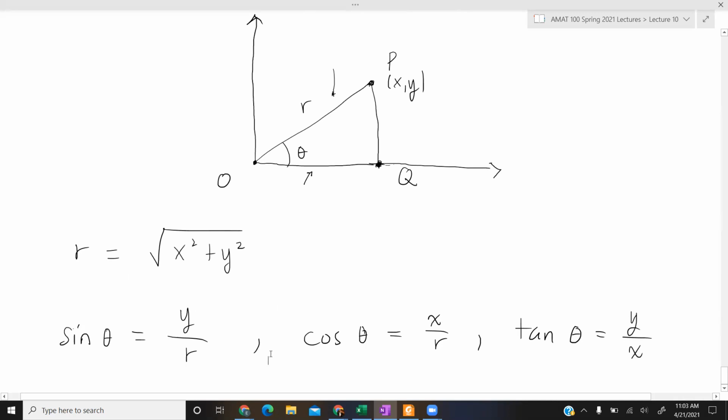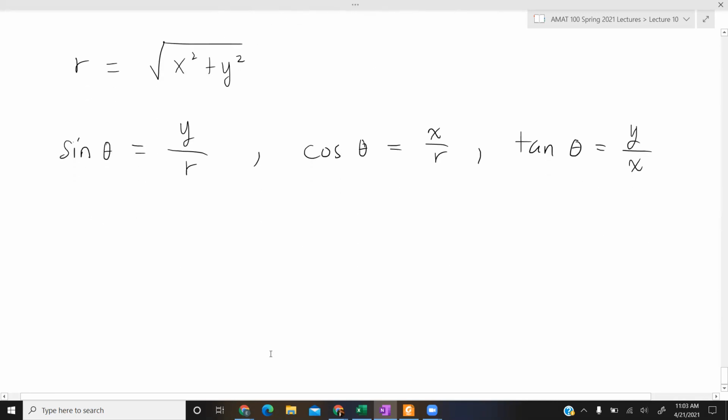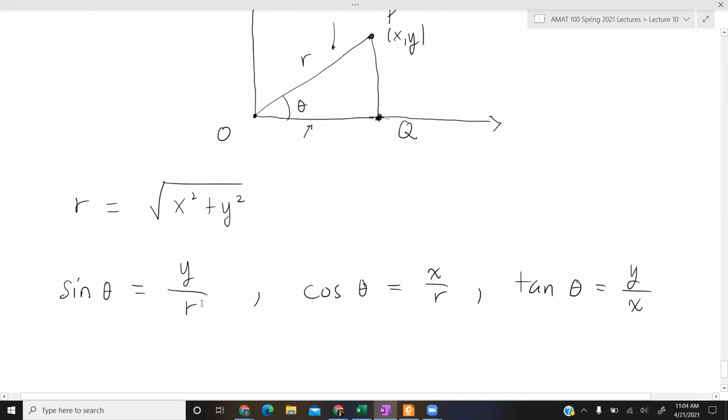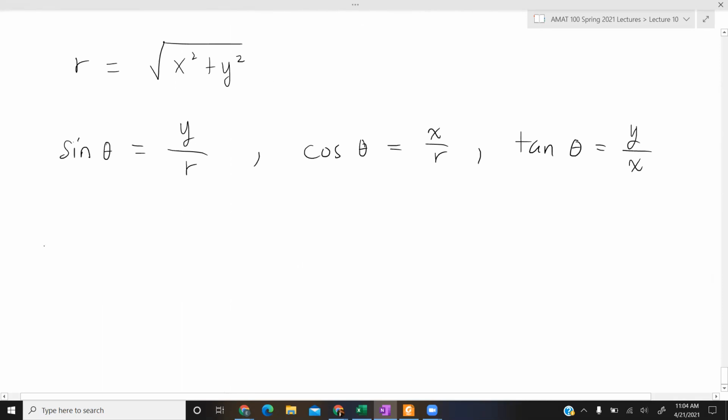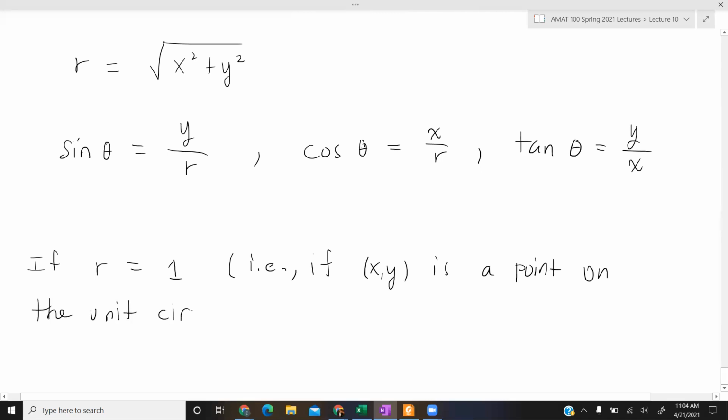Now here's the connection with the other approach. If the distance r is 1, that is, if (x, y) is a point on the unit circle, then we get, for example, sine theta is equal to y, and cosine theta is equal to x.